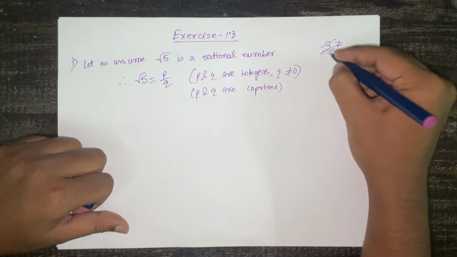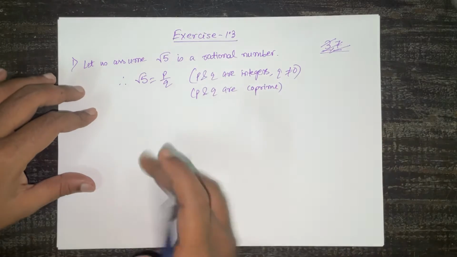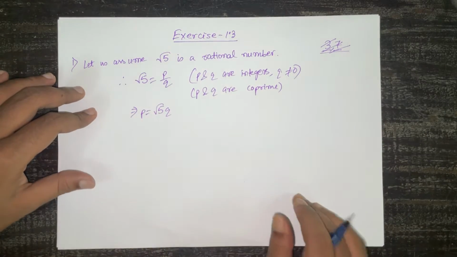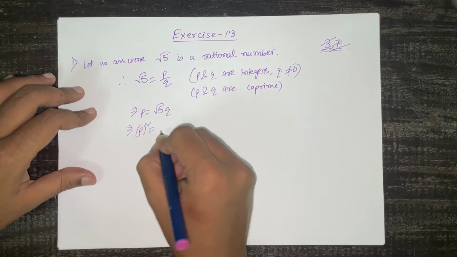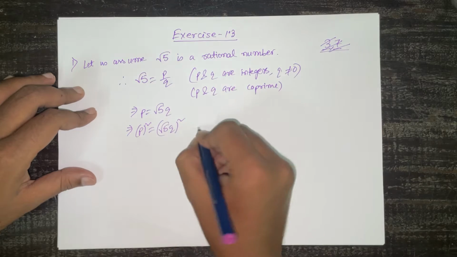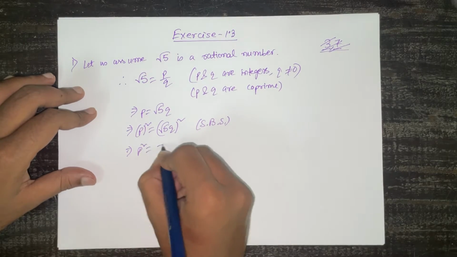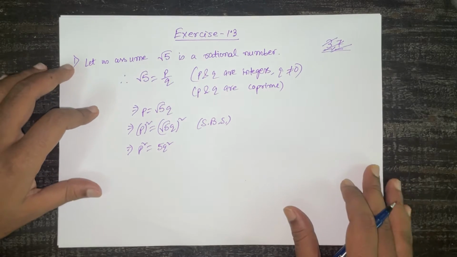Okay, so root 5 is equal to p by q. We can write it like this. What we can do next is write p is equal to root 5 into q. We square both sides, p square, and it will be root 5q whole square. This is squaring both sides. And what we get is p square is equal to 5q square. Done? Simple.